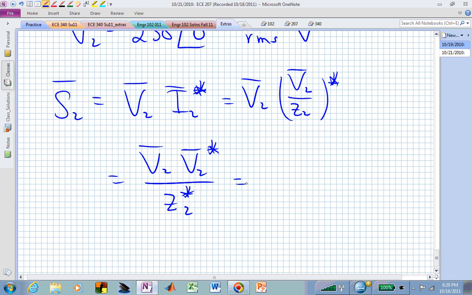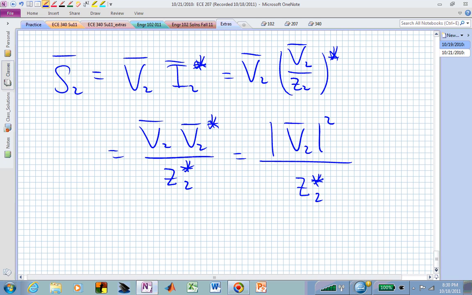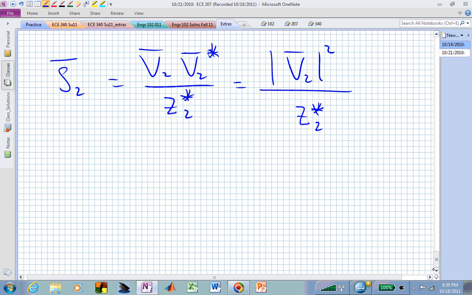But what do we know happens when we take a complex number times its conjugate? We simply find the magnitude squared of that quantity all over Z sub 2 conjugate, and that's now equal to S sub 2 bar. We could use that then to find Z sub 2.